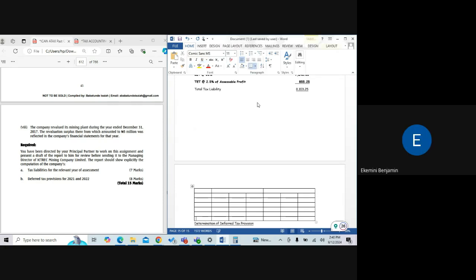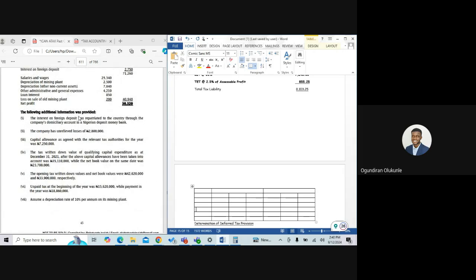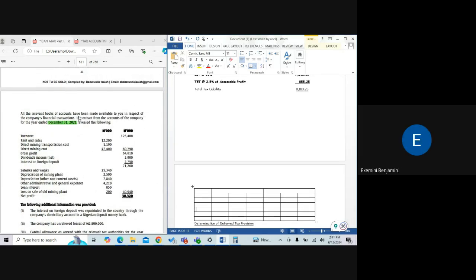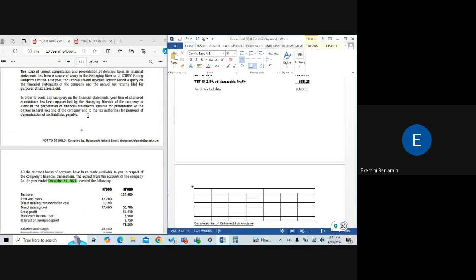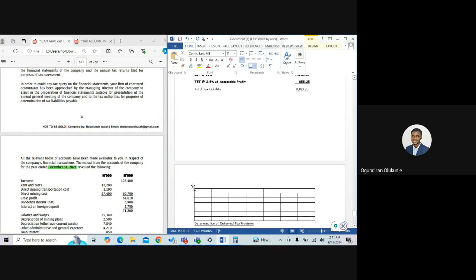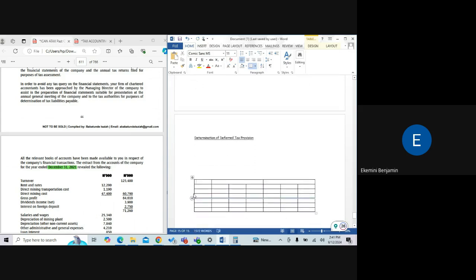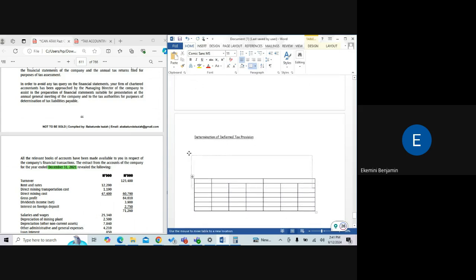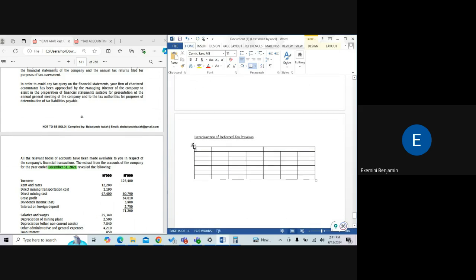We didn't read the question. We just started the requirement and started solving. I don't know whether that's a very good technique to use in exam.